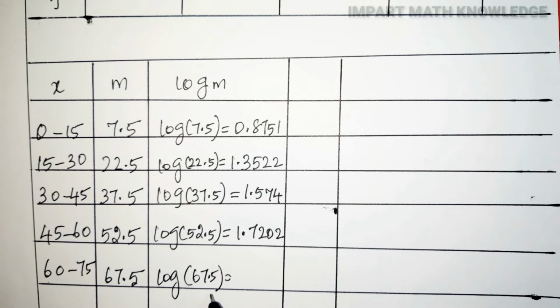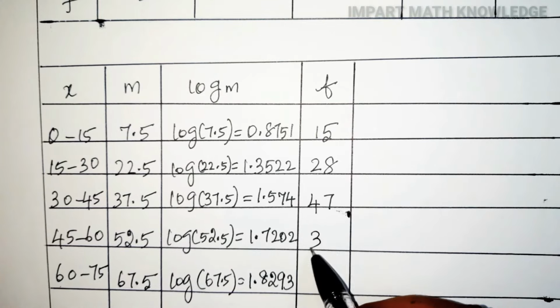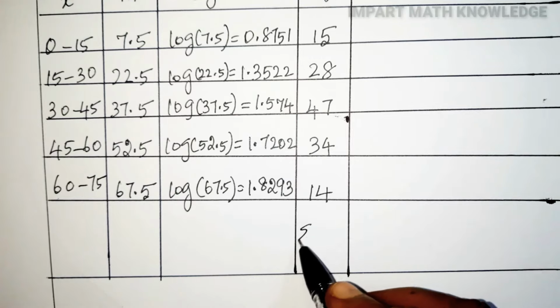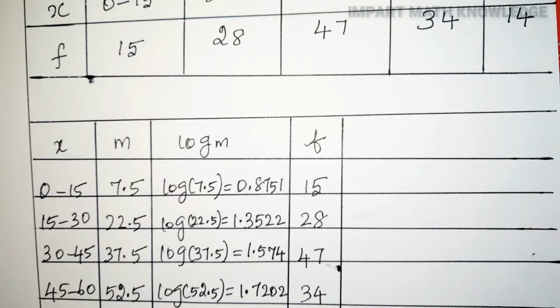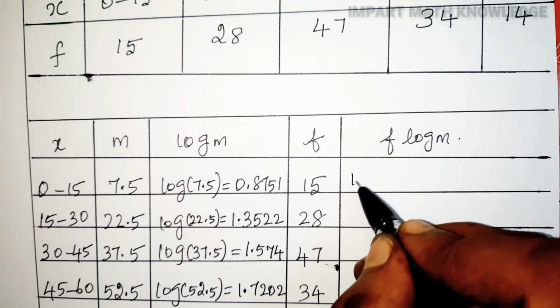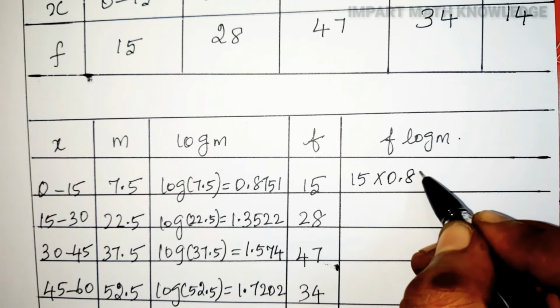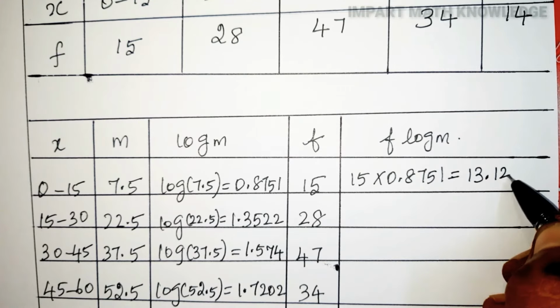Log 67.5 is 1.8293. The frequencies are 15, 28, 47, 34, 14. Total frequency sigma f is equal to 138. Next we have to multiply f value with log m values. 15 into 0.8751 is equal to 13.1265.